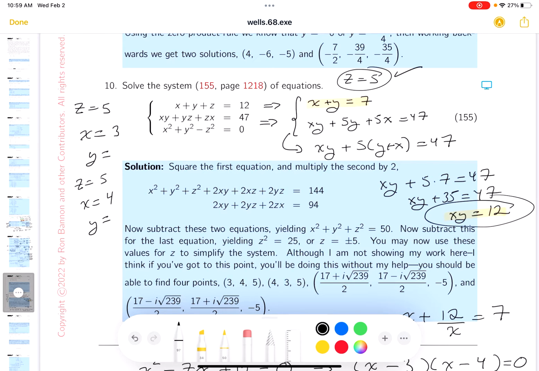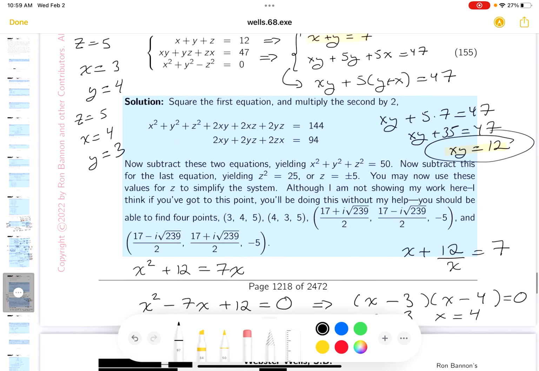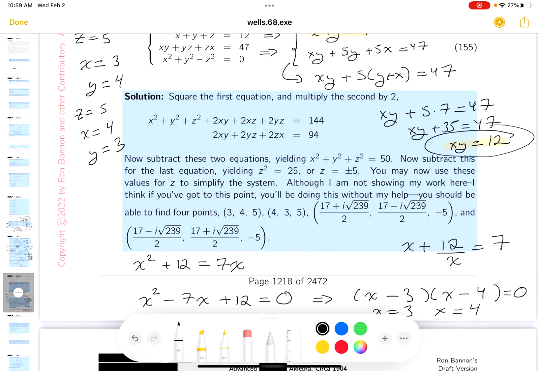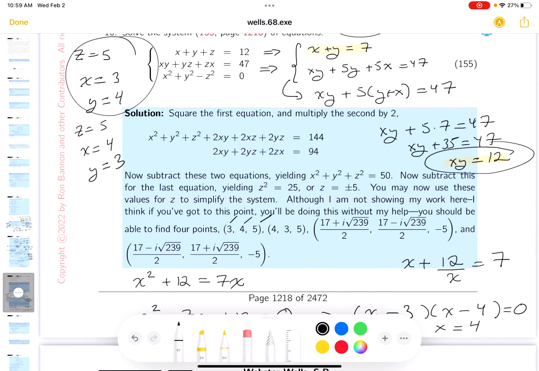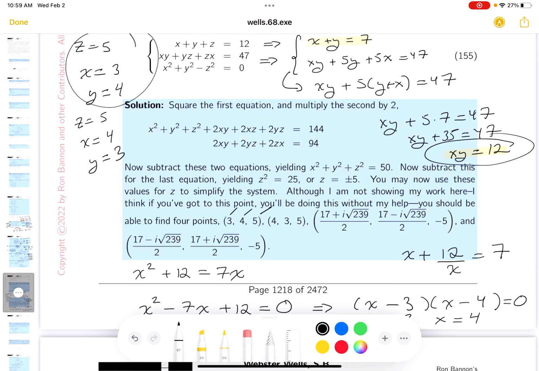It's right over here. Well, what's y going to be? Well, if x is 3, y would have to be 4. And if x is 4, y would have to be 3. So I got two triples. And I'll point out what they are. One is going to be 3, 4, 5. That's right here. The order is x, y, z, by the way. And what's the other one going to be? x is 4, y is 3, z is 5.